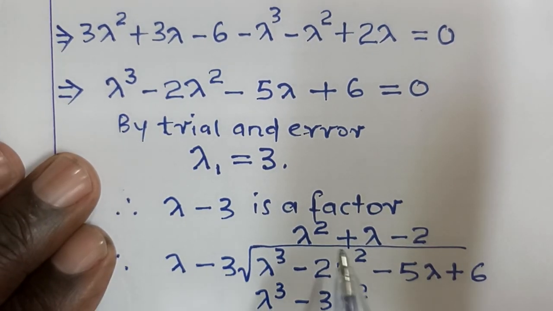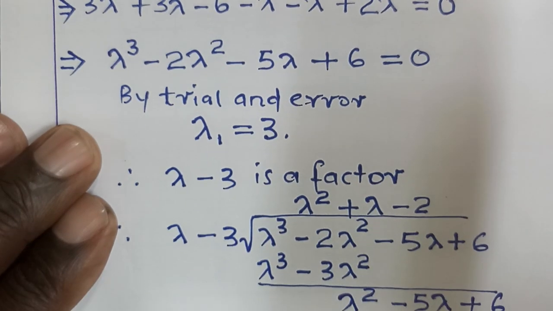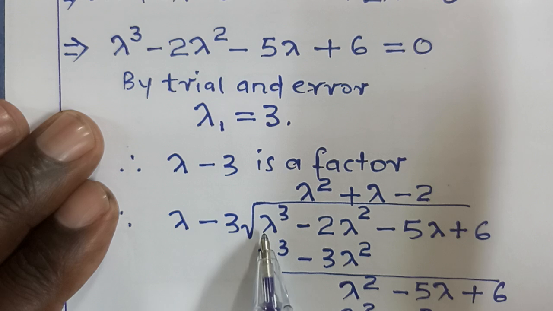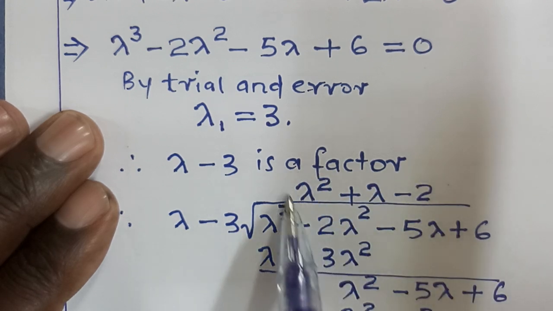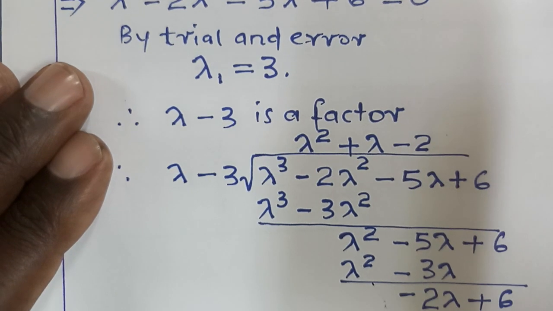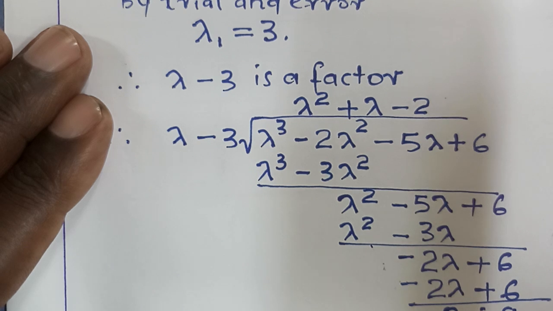Indeed, we are going to get a quadratic equation right here, and from there we need to solve our quadratic equation. After we have divided our polynomial by one of the factors, we get that quadratic equation, and that's what we are now going to solve in order to get the other factors.